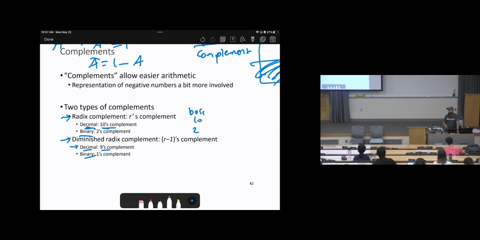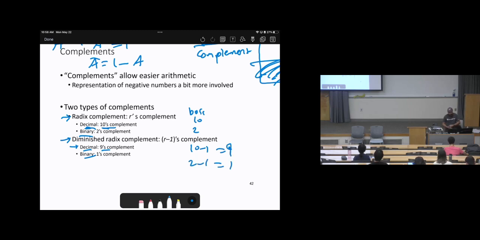When we do it in decimal, we call it tens complement. When we do it in binary, we call it 2's complement. However, there is another complement called the diminished radix complement. So we have 10 minus 1, which is the 9's complement, and 2 minus 1, which is the 1's complement. Why do we have these scenarios?